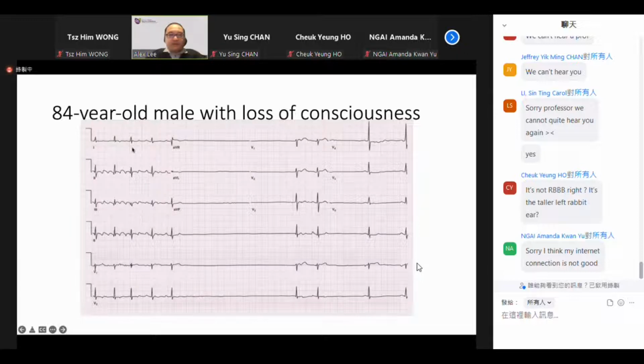84-year-old man with loss of consciousness. Lee Chak Yan, are you here? Yes. Can you comment on this ECG?